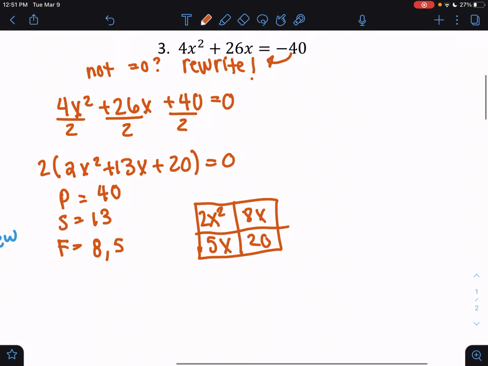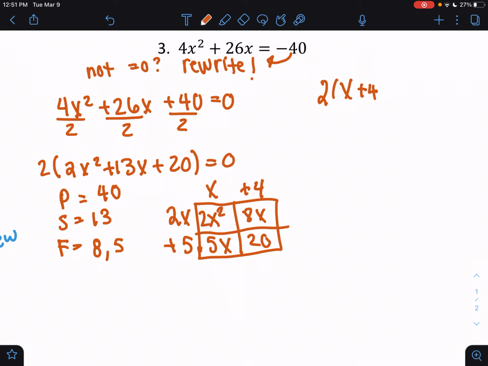Take out my greatest common factors. Rewrite those in my parenthesis form. Remember, I put my greatest common factor back on the outside. Now we're not necessarily going to do anything with that 2.